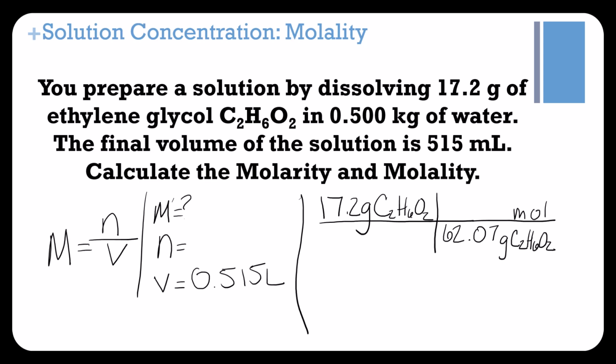All right, and with that, 1 mole of ethylene glycol weighs 62.07 grams. So now to solve for moles, we're going to multiply across the top, divide by the bottom, noting that grams and grams cancel.